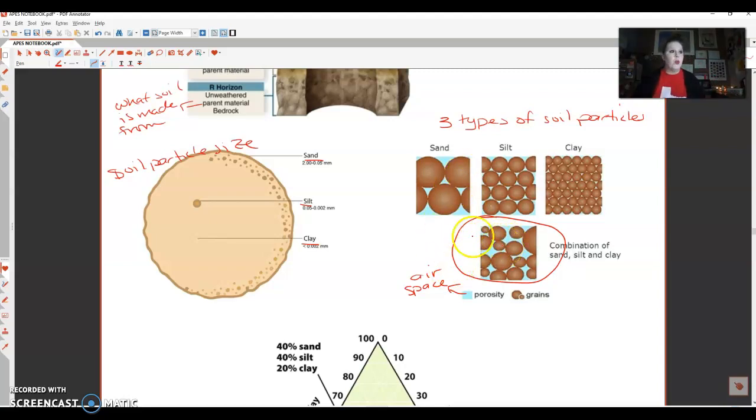Okay, so what this directly leads to is what we call permeability. All right, so permeability is the measure of how easily water moves through soil.